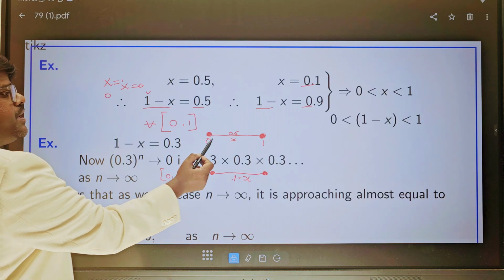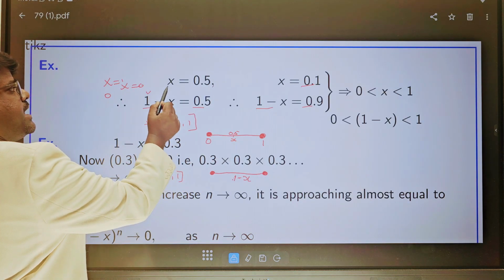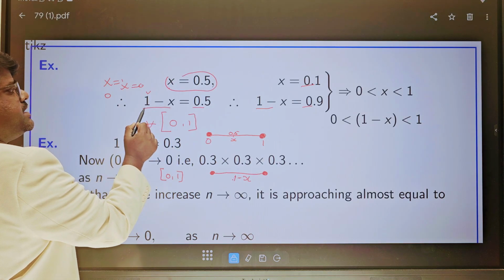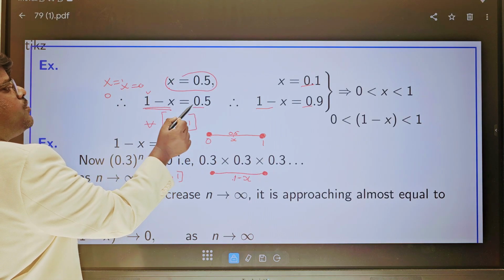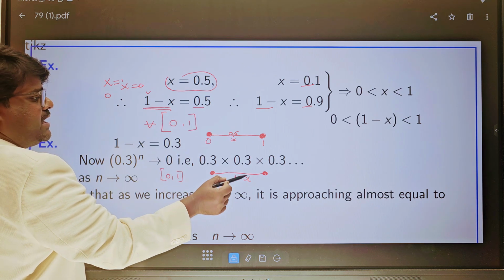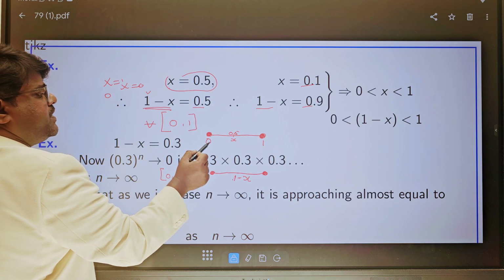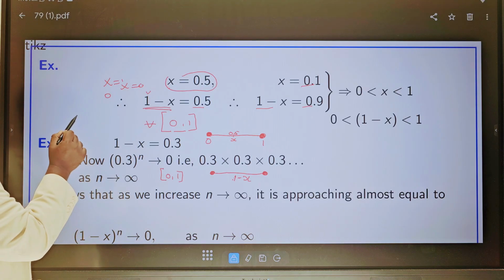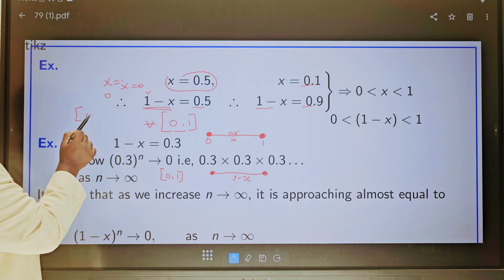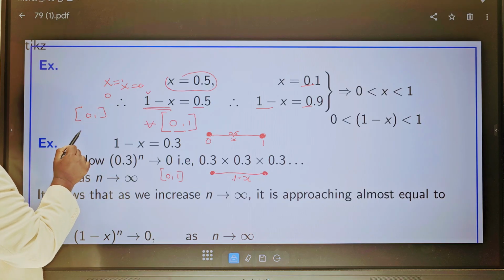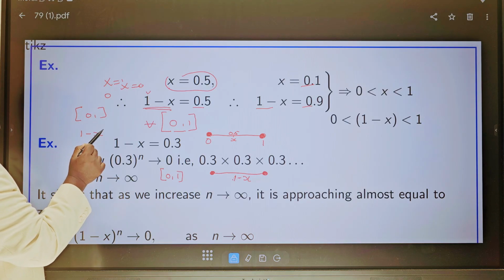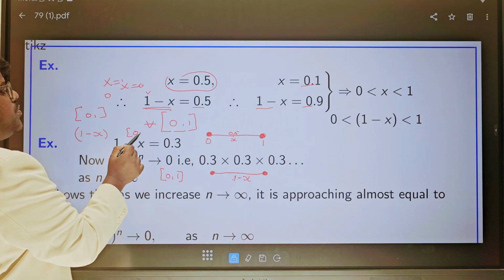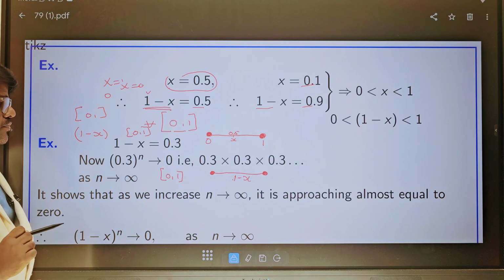You can take any arbitrary value, say x equals 0.5; substituting it, 1 minus 0.5 equals 0.5, and again this value lies in the closed interval 0, 1. Whatever value you take in the closed interval 0, 1, the value of 1 minus x will also be in the closed interval 0, 1.